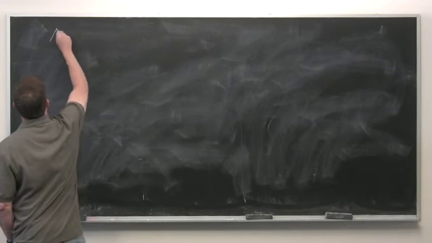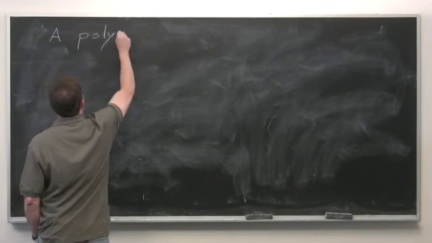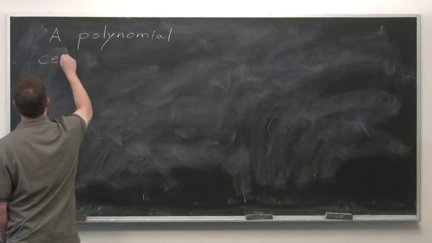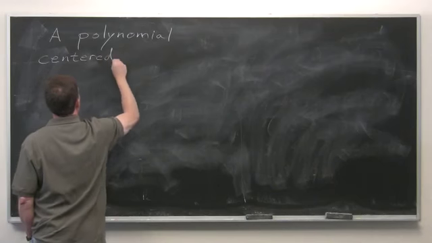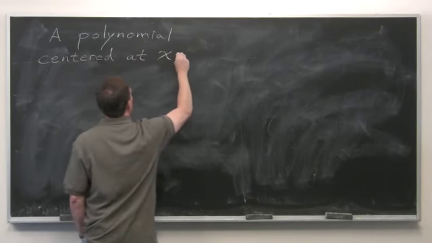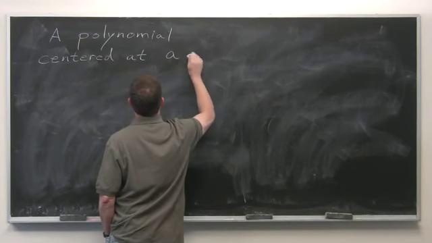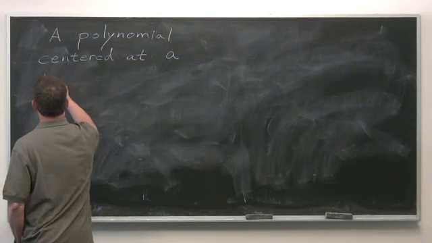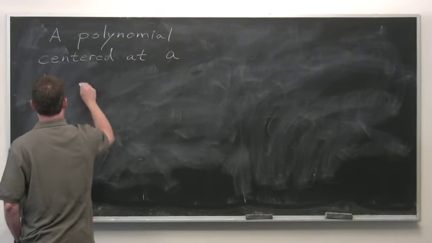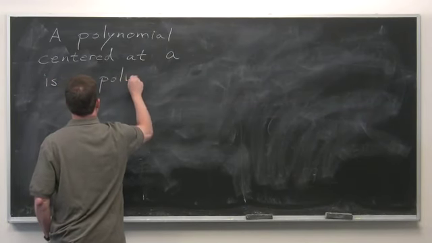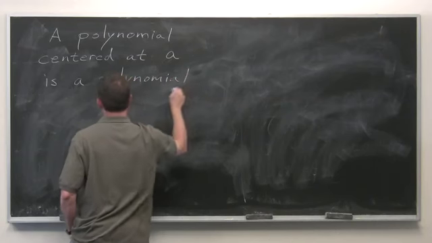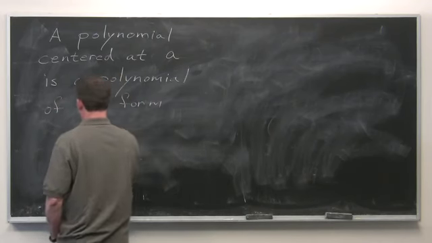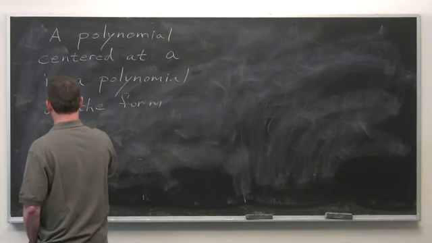So a polynomial centered at a, where we're thinking of a as a fixed x value, is a polynomial of the form, so maybe I'll use a q.